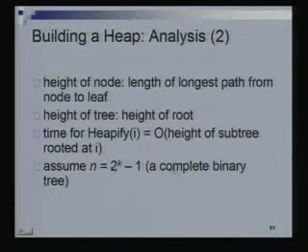We are also going to assume that the number of nodes in the heap is of the form 2 to the k minus 1, so that it's a complete binary tree. This will only help us simplify the analysis. It's not really required, we can also do without this.